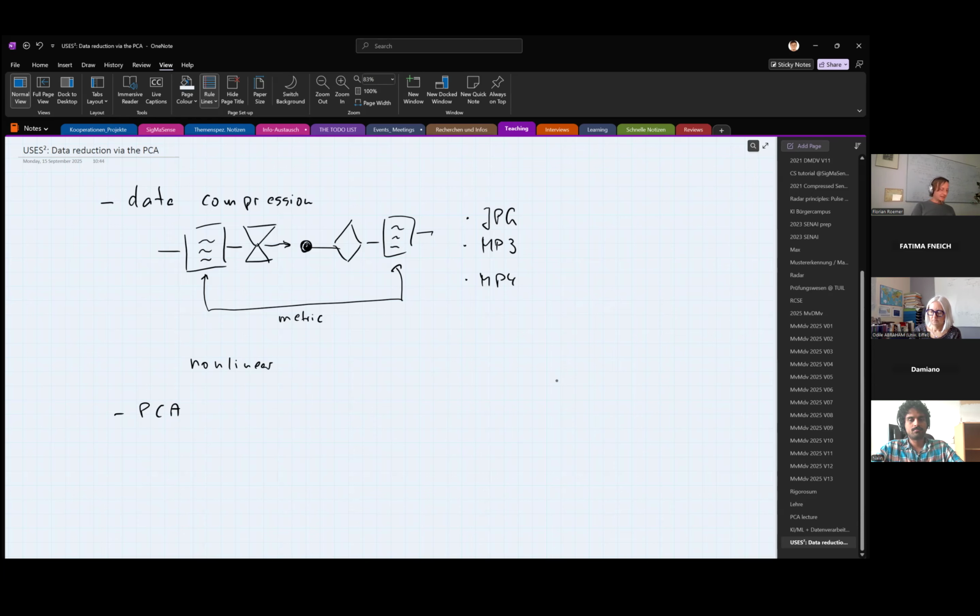So in the PCA, the task is to learn the, let's say, best subspace that our data typically lives in.